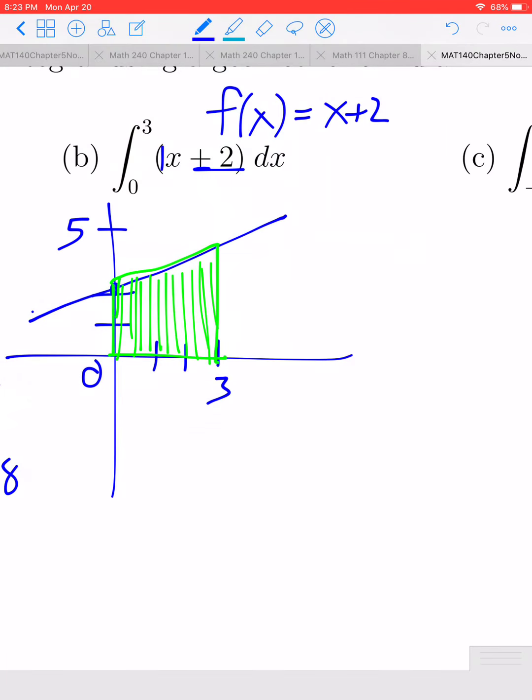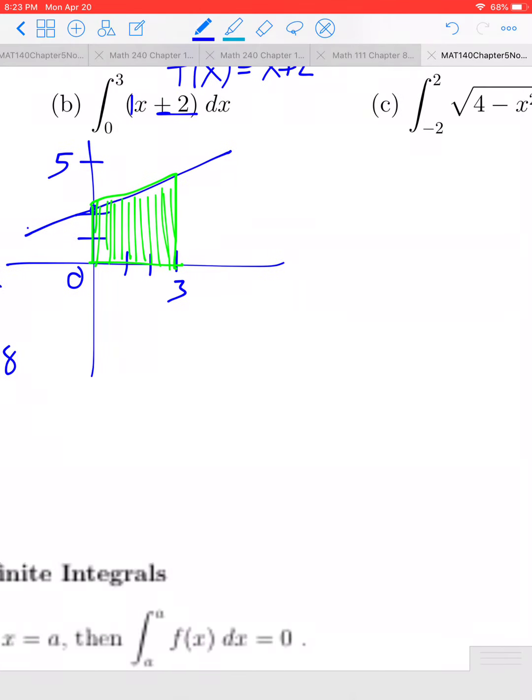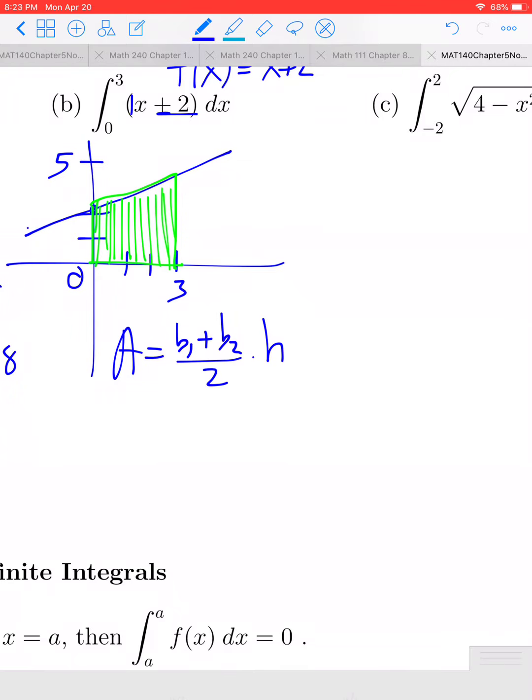This happens to be a trapezoid. Some of you might not memorize this, but the area of a trapezoid is the average of the bases. Let's say b1 plus b2 over 2 times the height of the trapezoid, where this would be the first base.